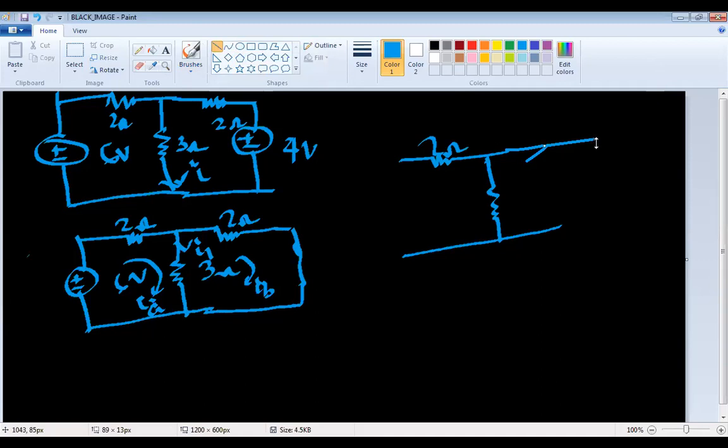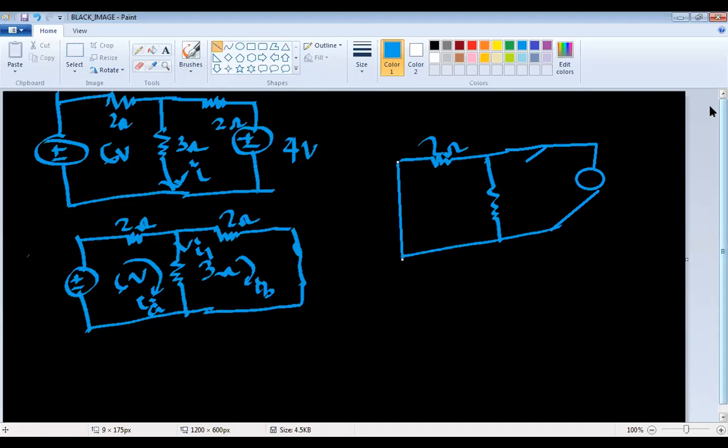Then you have this source, and this we are joining here. Finally, this 6 volt source will be short circuited, because this source will be replaced by its own internal resistance.